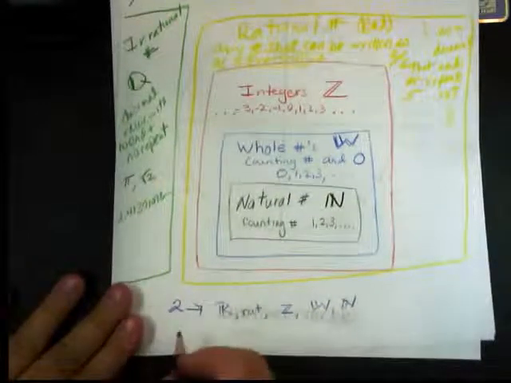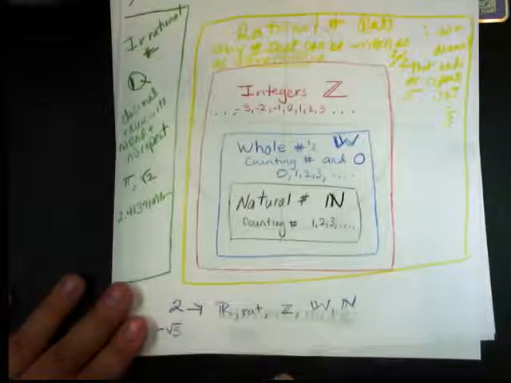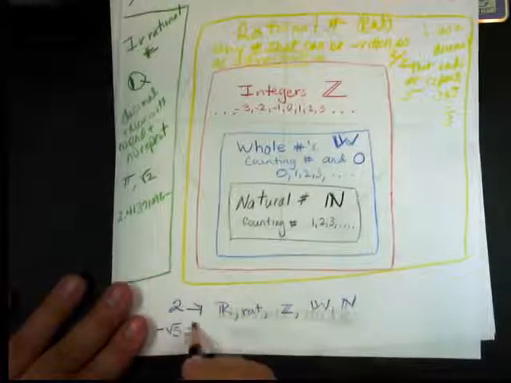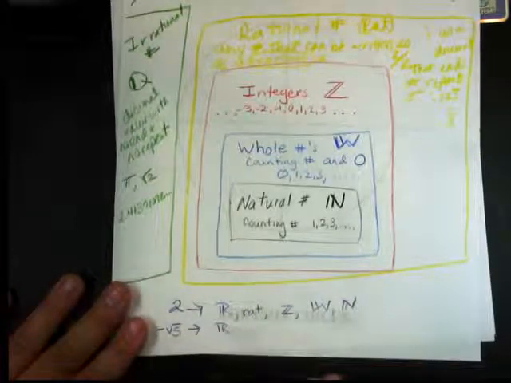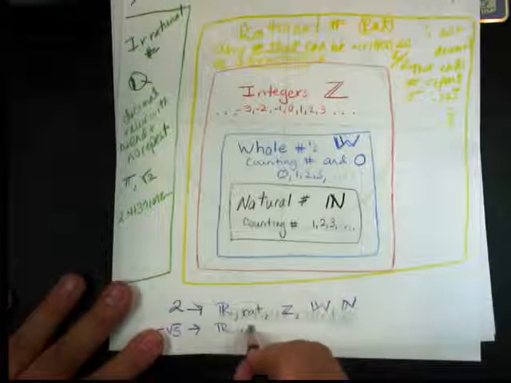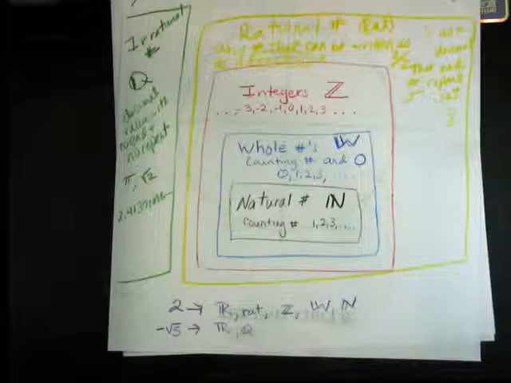If you have the negative square root of 5, well, it's real. Everything is real. And it's irrational. Square root of 5, if you were to check the decimal representation of it, it does not end and it does not repeat.